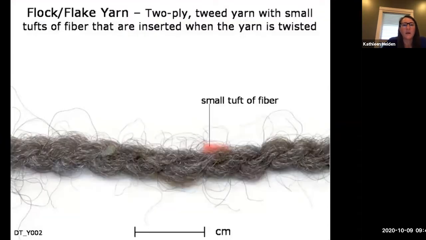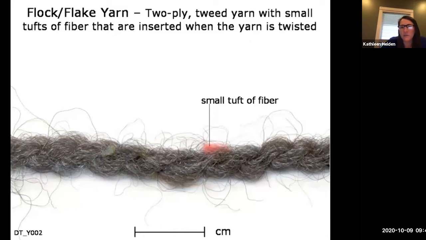All right, your second type of yarn that falls into this grouping is called a flock or a flake. So this is a ply yarn, and how this is created is that we actually insert sections of fiber into the yarn as it's being twisted.